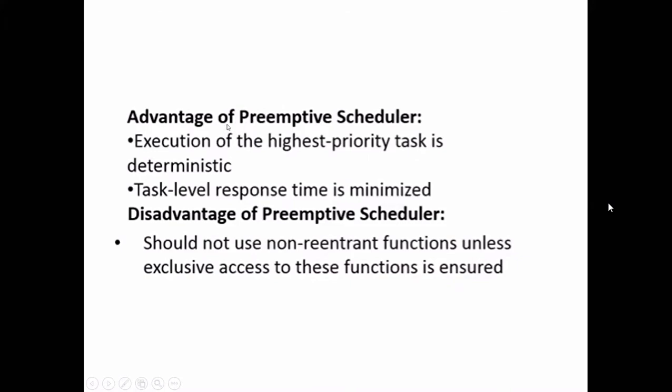So what is the advantage of a preemptive scheduler? Execution of the higher priority task is deterministic. What do you understand by deterministic? Here I mean it uses the ISR to determine. The CPU analyzes, it might do some calculation, and it comes to the conclusion whether that is a higher priority task or not.